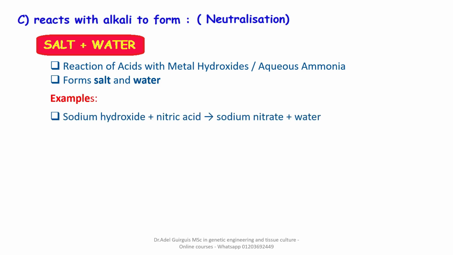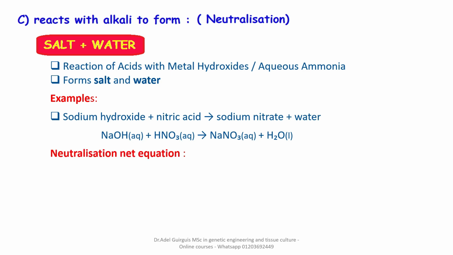Look, sodium hydroxide plus nitric acid reacts to give sodium nitrate plus water. In the net equation of neutralization, H+ from the acid, from nitric acid, and OH- from the hydroxide or alkali give water. This is the symbolic or net equation of neutralization.